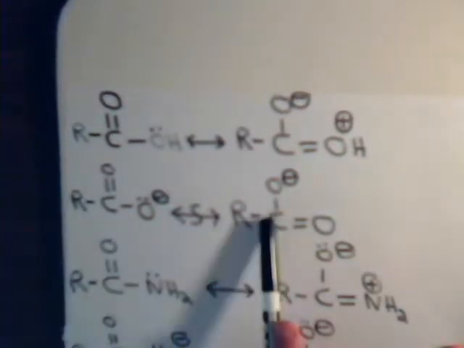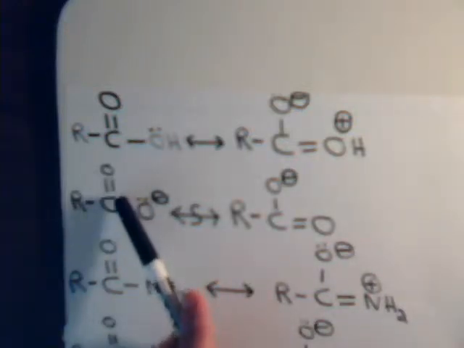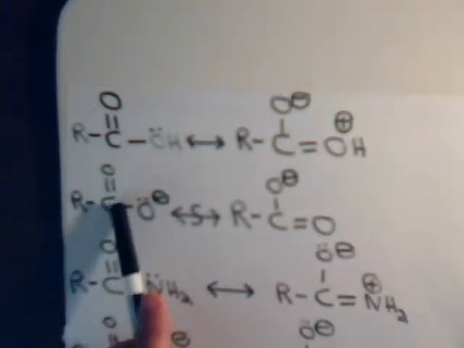All other bonds remain the same. So when we're drawing the Lewis structure here, we're supposing, well, here's a pi bond, so the carbon and the oxygen are each sharing a pi electron between them. This contributes a pi electron to the bond. That contributes a pi electron to the bond. They're being shared amongst them.